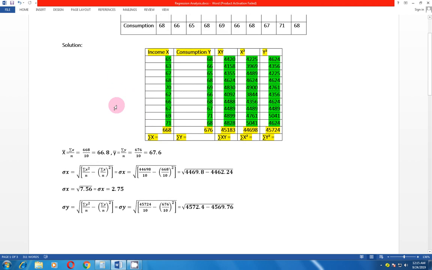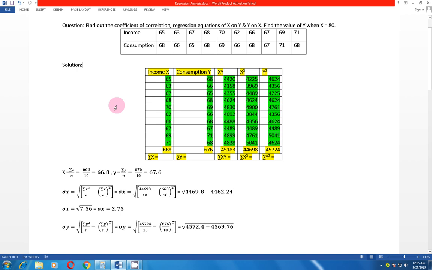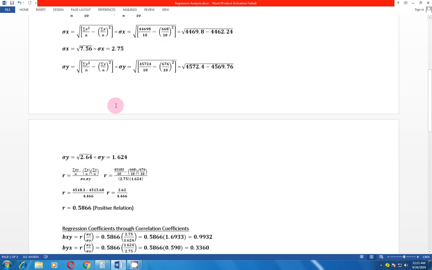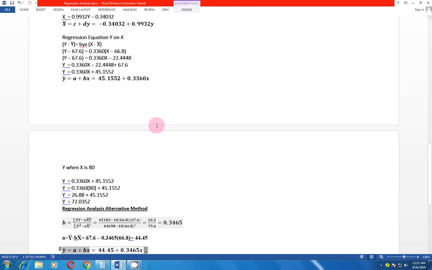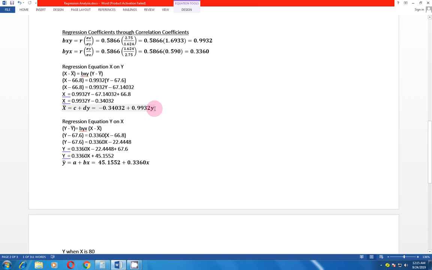Now we have in fact two different methods to calculate regression analysis. The equation of regression analysis is y hat equals alpha plus beta x. It is the case in which we say that y depends on x. Another case, you can reverse this analysis: the equation x hat equals c plus dy, meaning the first variable depends on the second variable.